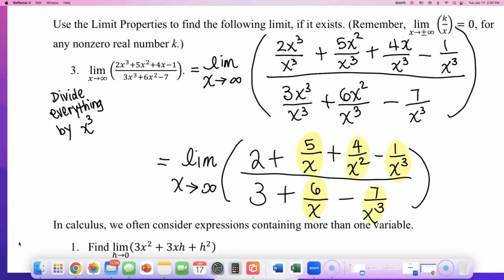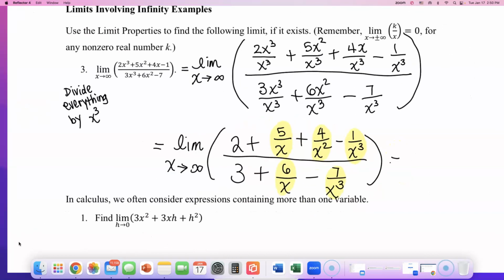So if I simplify my work, this is equal to 2 plus 0 plus 0 plus 0, because I have these 3 yellow highlighted parts on top. And in the bottom, I have 3 plus 0 minus 0, right? And that is simply 2 over 3.